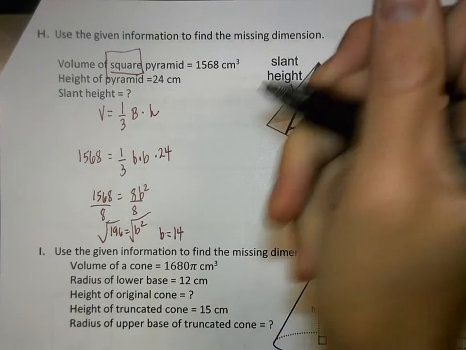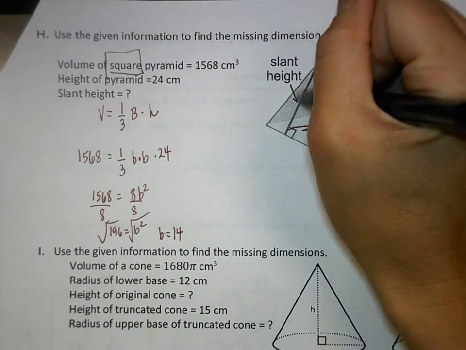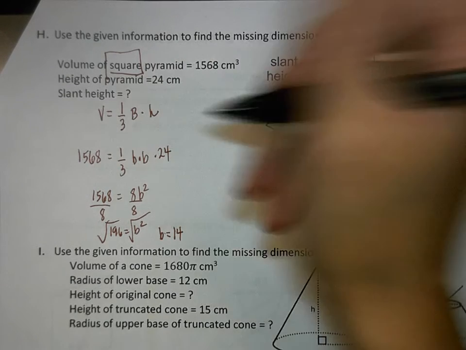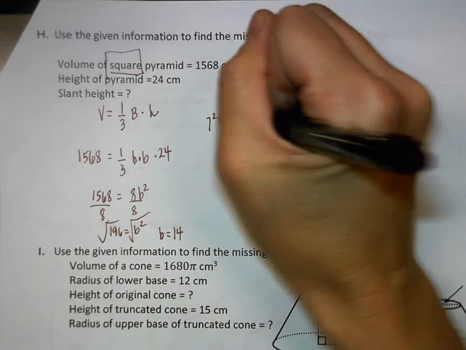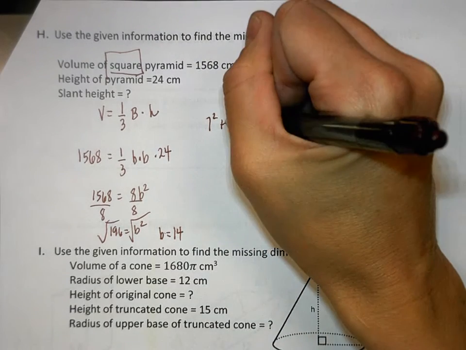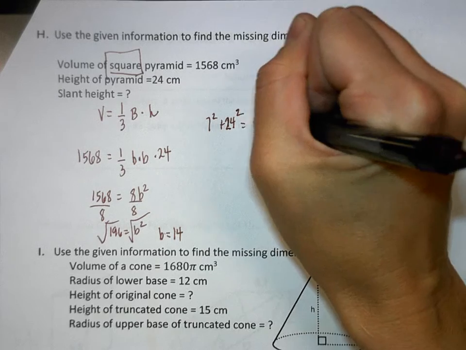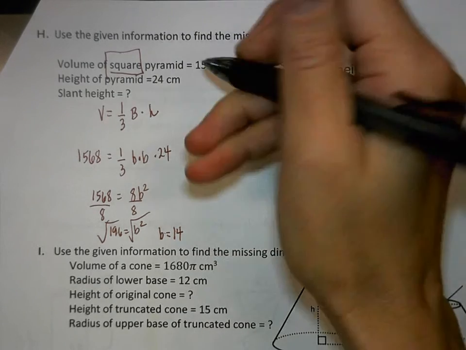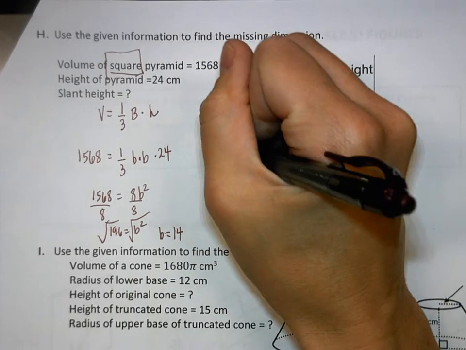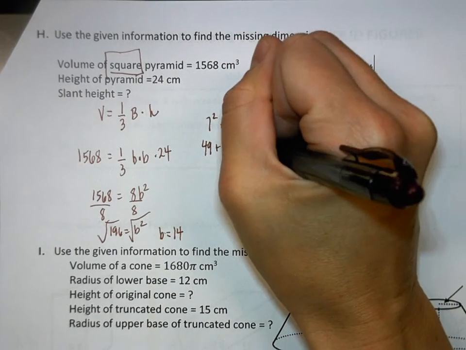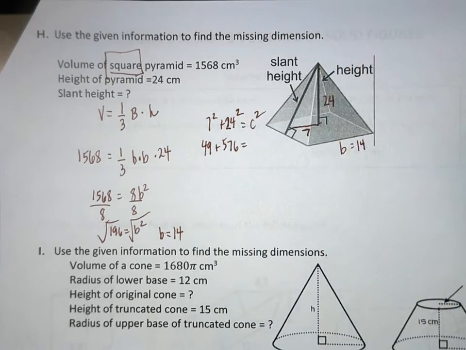So when I set this up, is that an A or a B or a C for the slant height? Good. So we're going to have 7 squared plus, sorry, 24 squared equals C squared. 7 squared is 49, plus 24 squared is 576 equals our C squared.